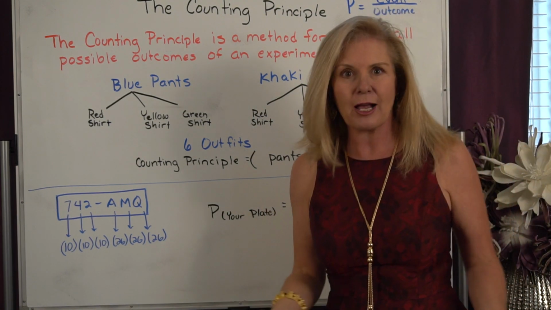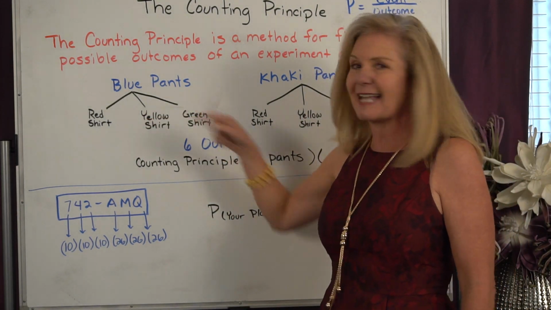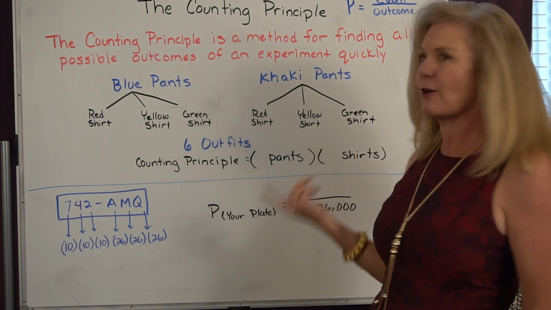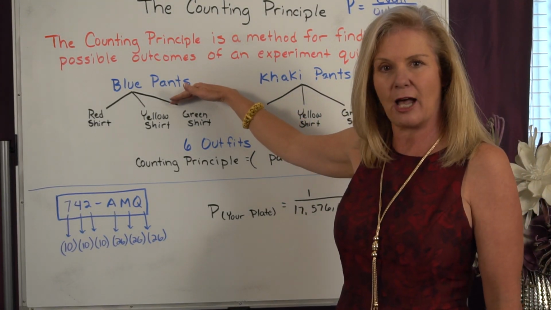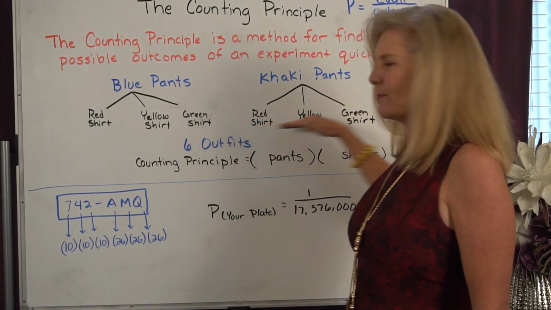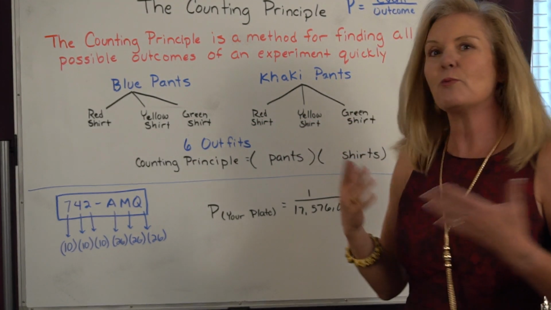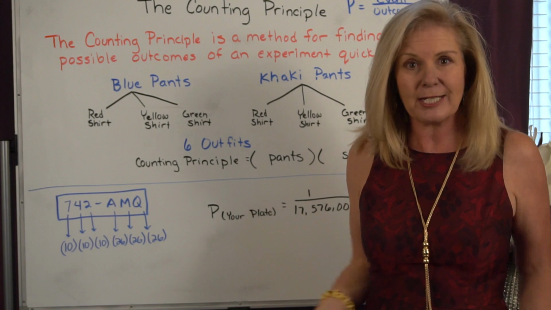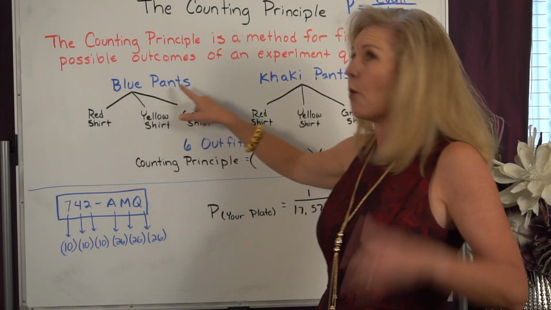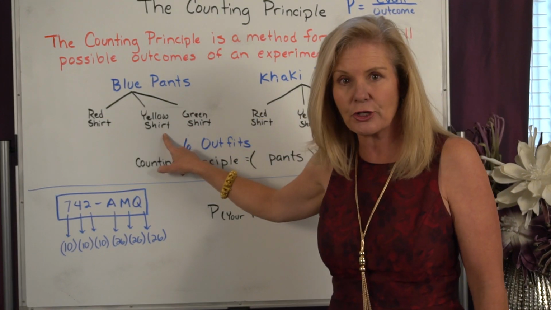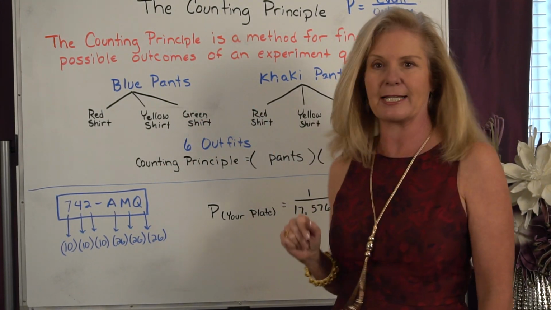Well, I could draw the tree diagram, and that's exactly what I did here, where I'm listing out those ways. And when I draw that, I'm going to put my two kinds of pants on top, and then I'm going to put my shirts on the bottom. And then we can see all the ways we can put our outfits together. We could have blue pants with a red shirt, or blue pants with a yellow shirt, or blue pants with a green shirt.